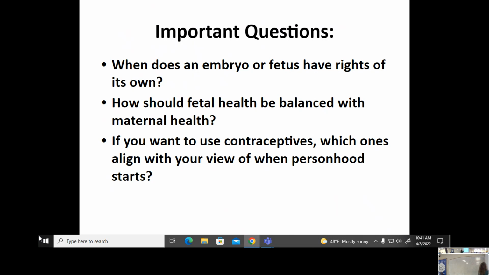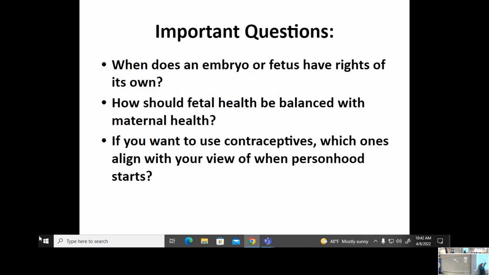Then this is kind of going into a new topic, but now that we've looked at some of those facts and how development proceeds and how we define pregnancy, that relates to what kind of contraceptive would be best for a couple based on what they think about some of these things.